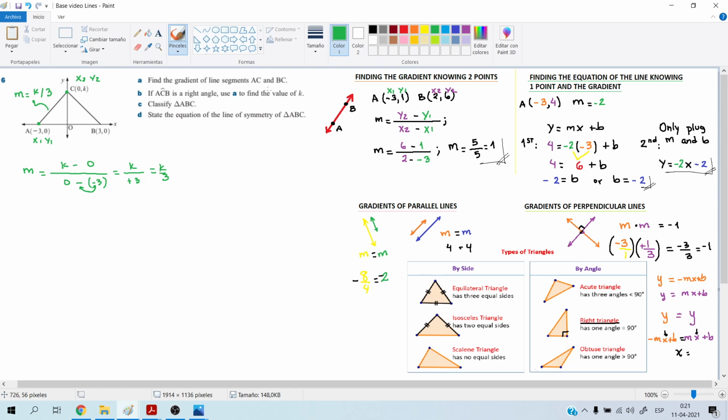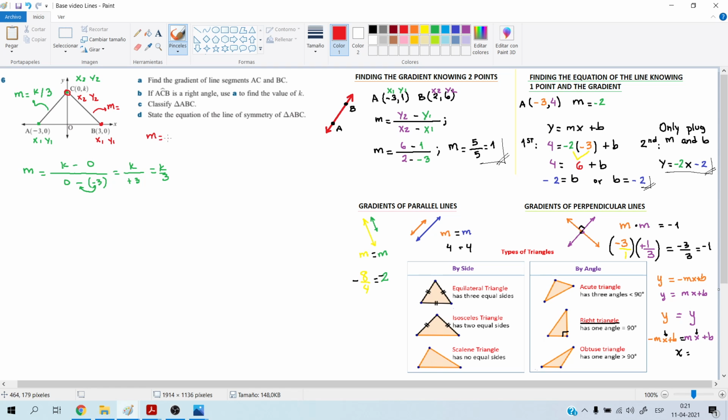And then we have to find the gradient of the line segment BC. BC, this is the coordinate of B, so let's call it x1, y1, but in red. And again, we have C, x2, y2. So this is going to be the gradient of the red line.